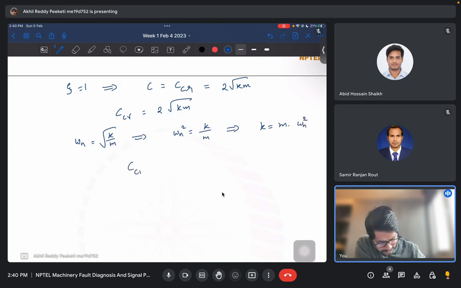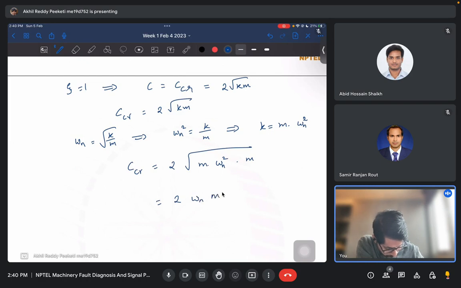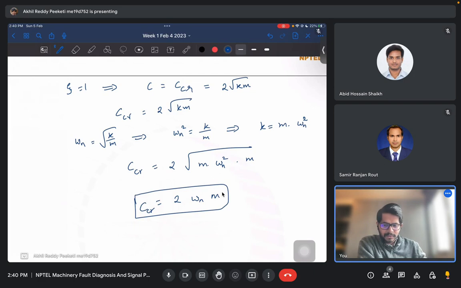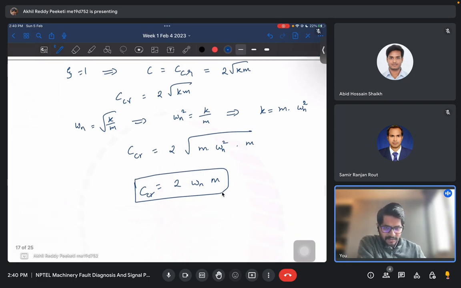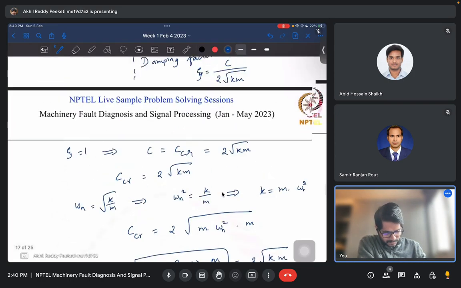So if you replace k with m into omega n square, this would become 2 into omega n into m. So this is the critical damping coefficient in terms of m and omega n, the natural frequency and the mass, and 2 root km if you want it in terms of spring constant and mass.